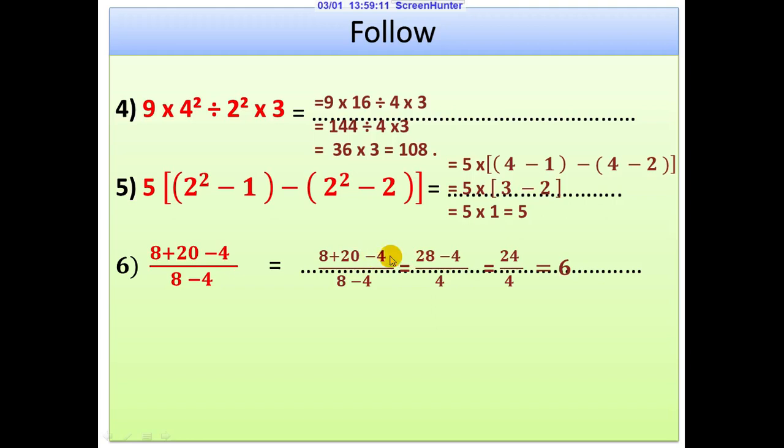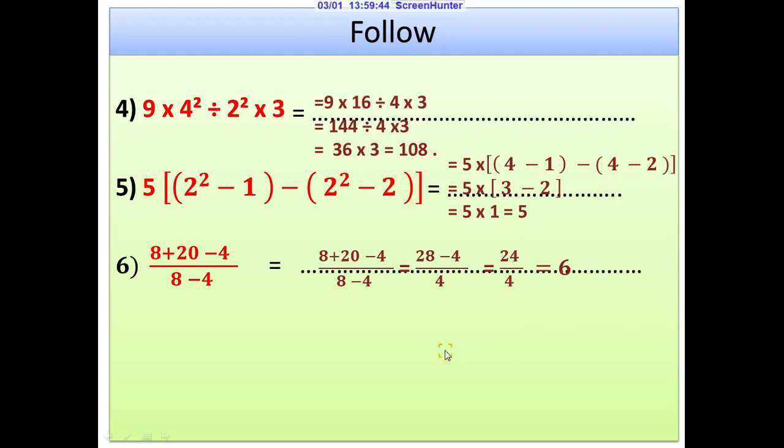So 8 plus 20 is equal to 28 minus 4 as it is. And down, 8 minus 4 is 4. We can do the numerator alone and the denominator alone. So finally, we can subtract 4 from 28 in the numerator. It will be equal to 24. And finally, we can divide them, because we have a fraction. It means we divide 24 by 4. It will finally be equal to 6.